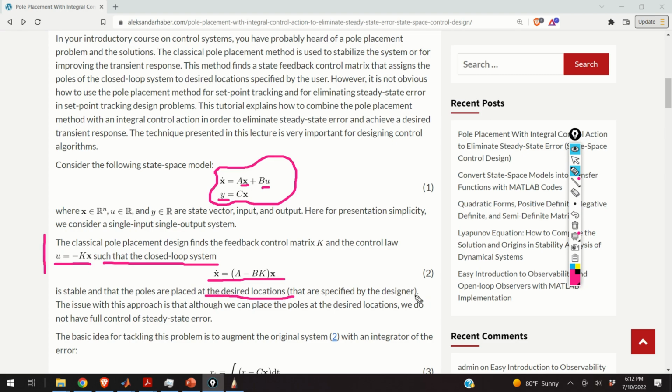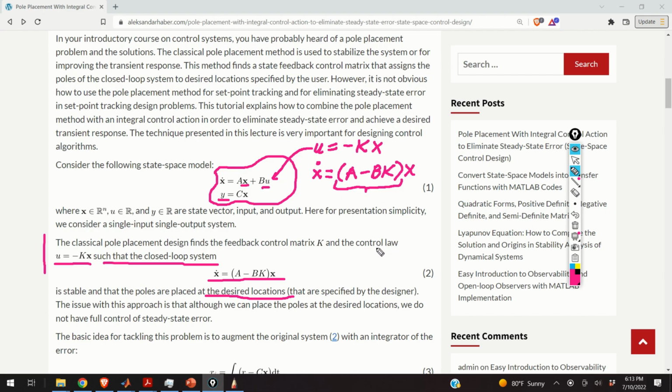So basically, we are trying to find a feedback control matrix and this control law such that the closed loop system, obtained by substituting u over here and obtaining this equation, has this matrix over here Hurwitz, or its eigenvalues in the left half of the complex plane.